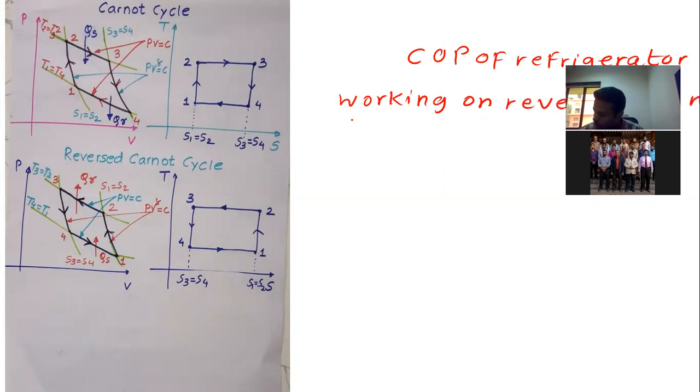Let us calculate the COP of the refrigerator which works on a reverse Carnot cycle. I'll just write that as COP of refrigerator, which works on a reverse Carnot cycle. I will indicate it like this.